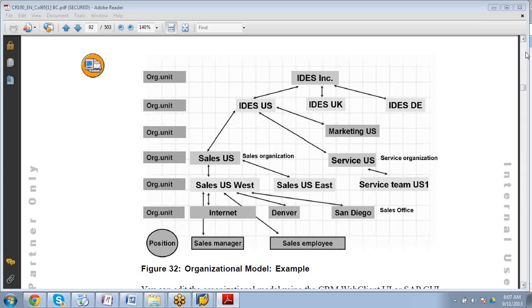Just a minute. Right. We have to replicate the R3 HR org model through the data transfer process using two versions.